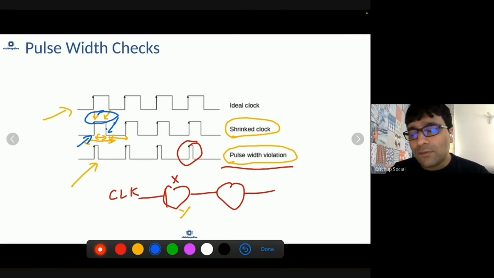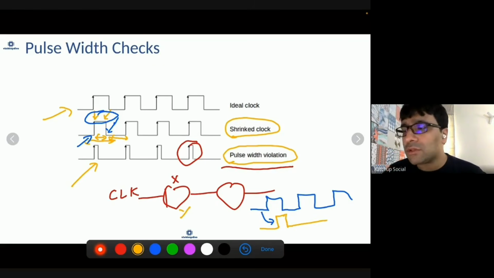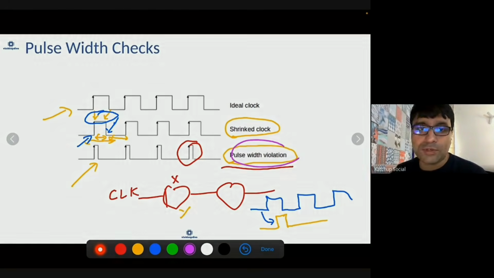So rise may shift by X amount and fall may shift by Y amount. Say the rise delay is by some amount and the fall delay is lesser. You will have a pulse which is reducing. If it reduces below a minimum threshold, which is specified using the constraint, you will have a pulse width violation.